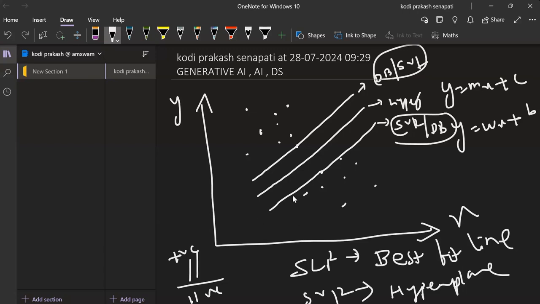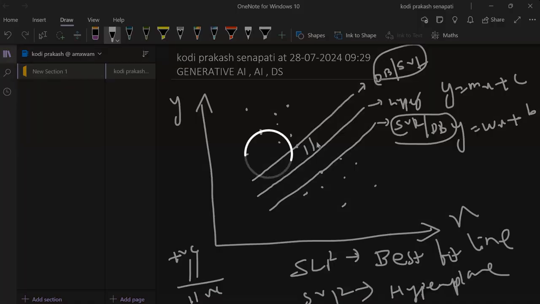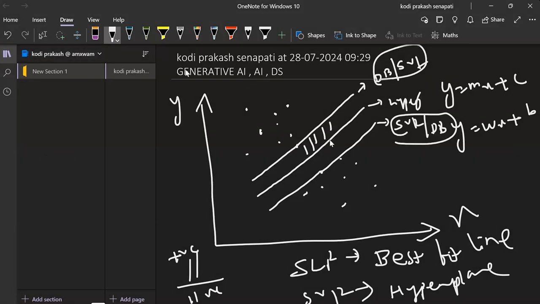Now let me tell you, the data points. I just plot a line here. In simple linear regression, we call it the best fit line.